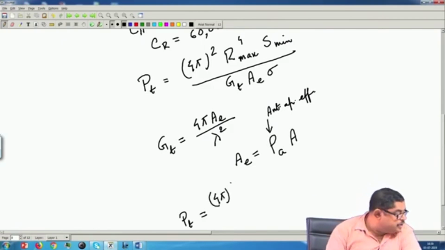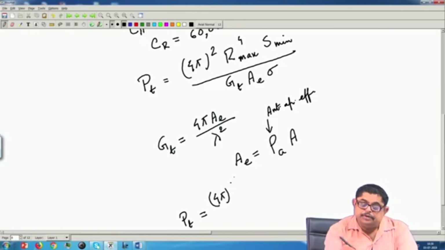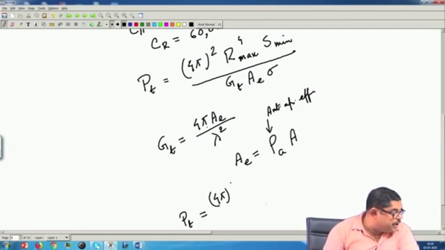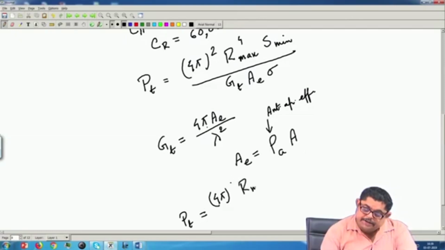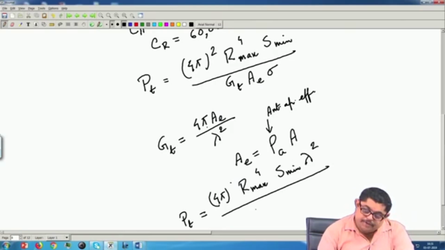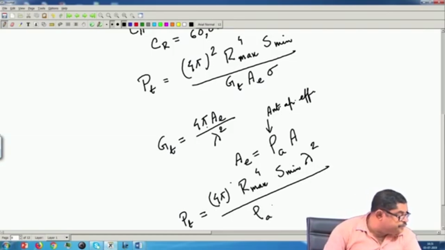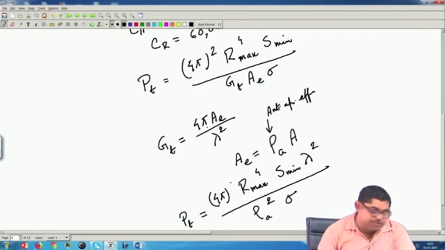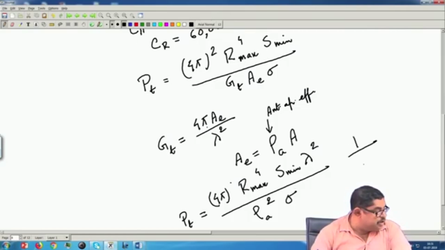So, it will be 4 pi, we will see. So, 1 4 pi will come from here. So, 4 pi R max whole to the power 4 S min, lambda square by rho A square into sigma. So, this is whole thing, then I am writing it as 1 by A square.